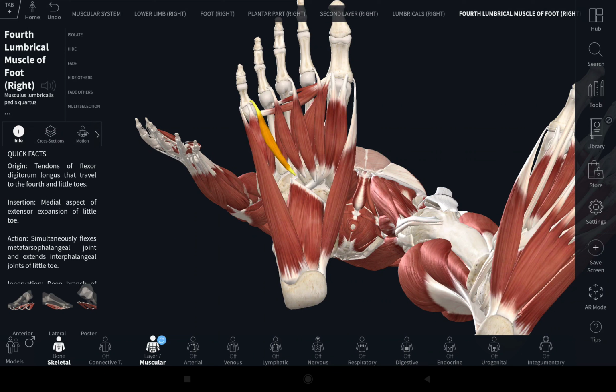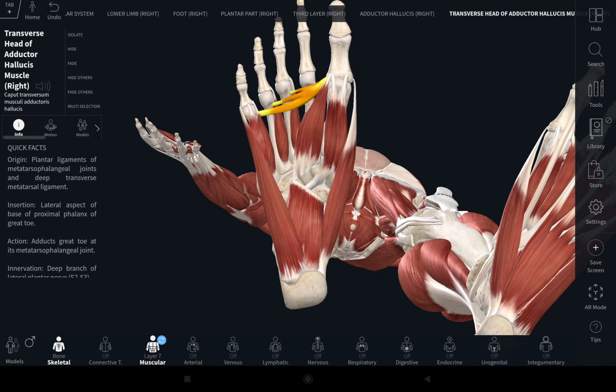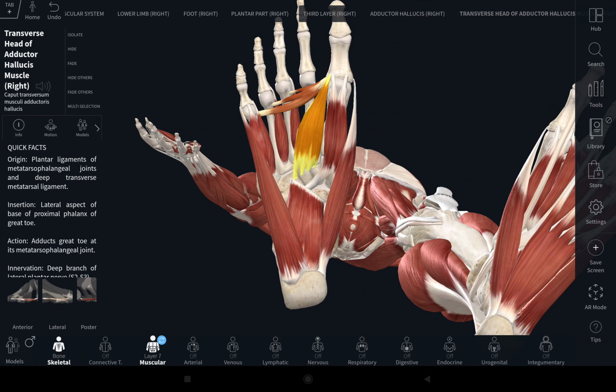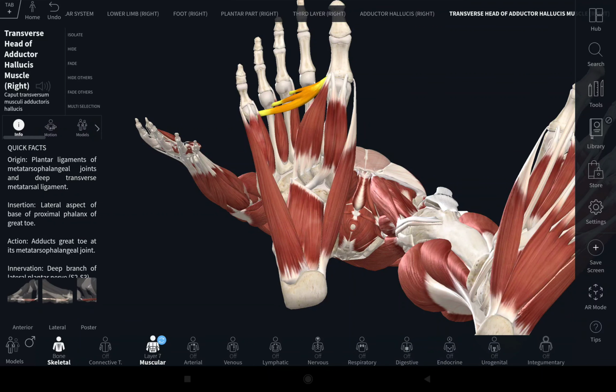We remove the lumbrical muscles, then a muscle is exposed, which is the oblique head of adductor hallucis muscle, and this is the transverse head of adductor hallucis muscle.